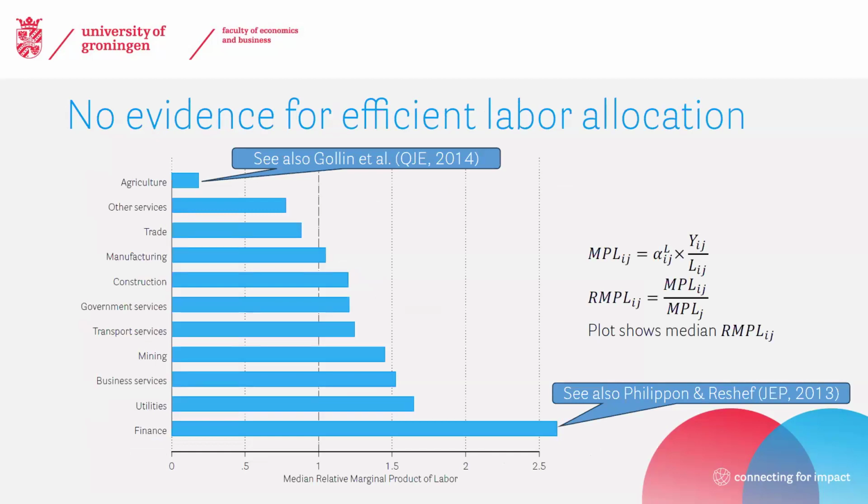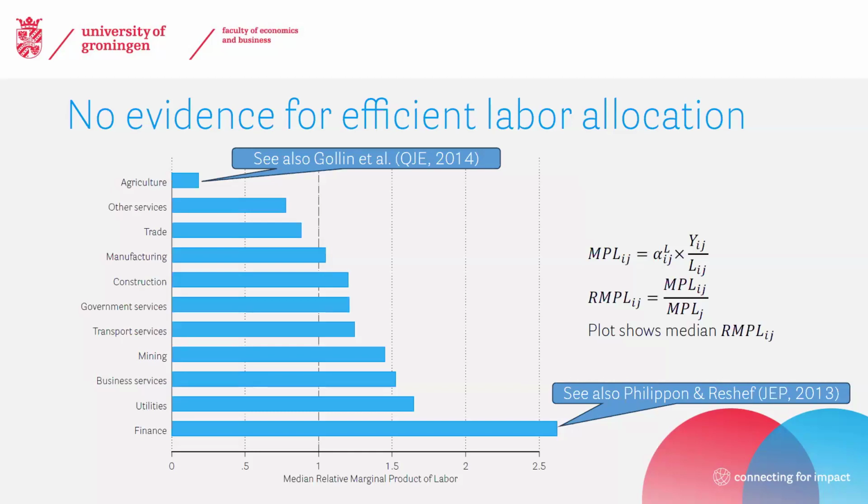The second part of what we show here is relative marginal products of labor. The marginal product of labor is the average labor productivity times the output elasticity, here assumed to be the labor income share. Then you can compare each sector's marginal product of labor to the economy-wide marginal product of labor. If efficient labor allocation held, all of these would be equal to 1.